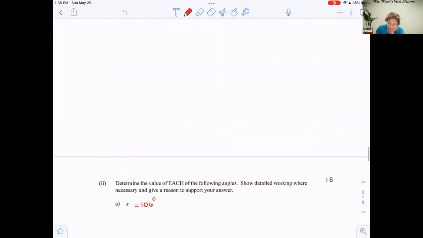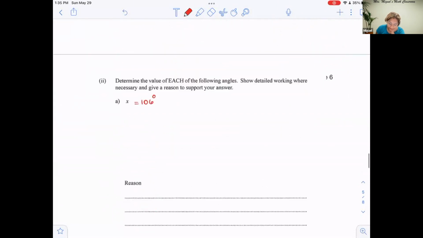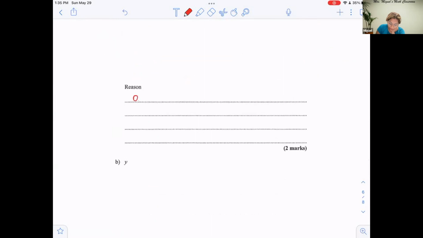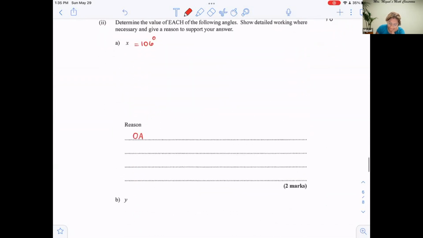And the reason is OA and OB are radii. So OAB is an isosceles triangle.